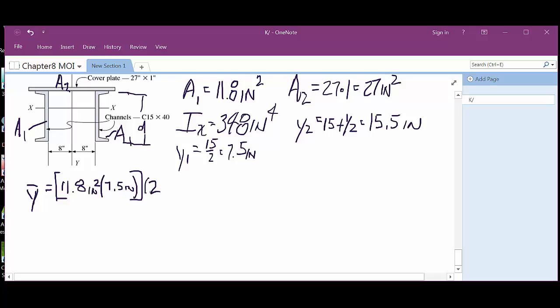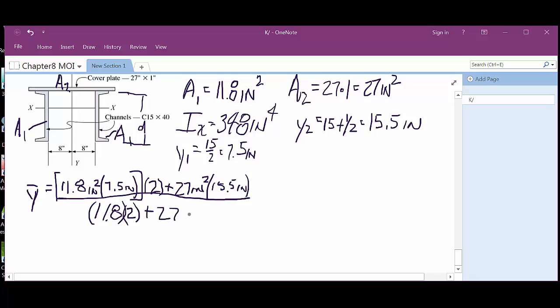Plus, in parentheses, the area of the second one, which was 27, times y2, which was 15.5. All of that divided by the areas, which is 11.8 times 2 plus 27. What's that come out to?